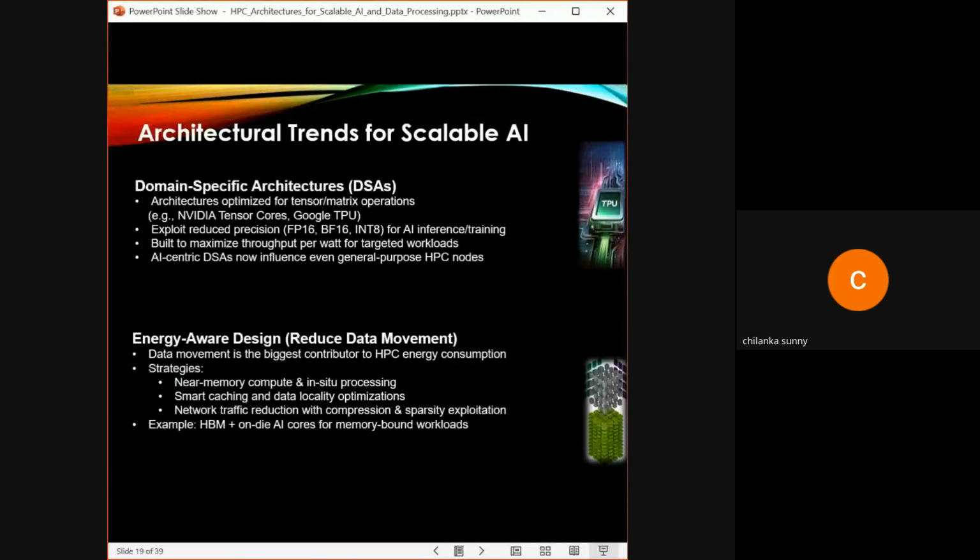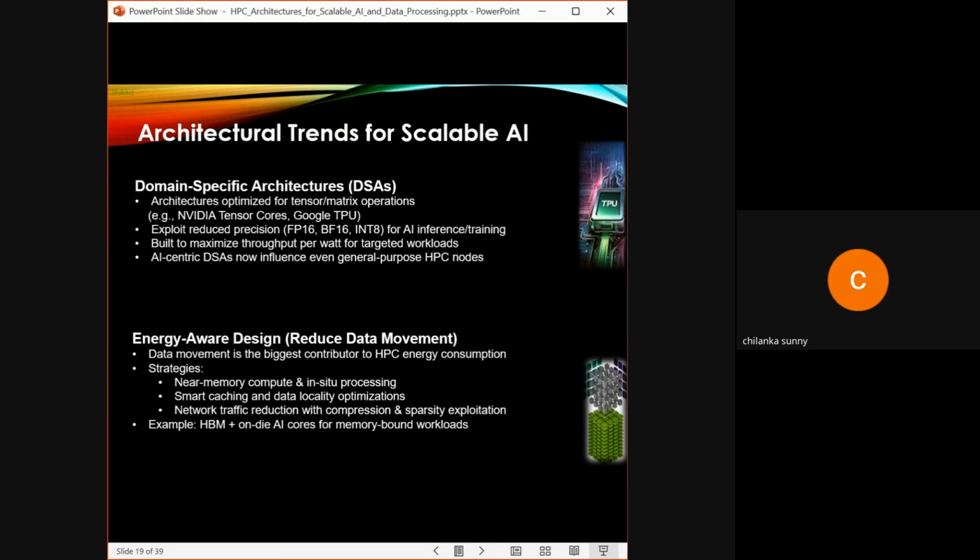Empirically, data movement costs far more energy than computation. So modern designs prioritize minimizing the off-chip transfers by employing techniques like near-memory compute or even in-memory compute, larger on-chip buffers, HBM stacks, and in-network aggregation.